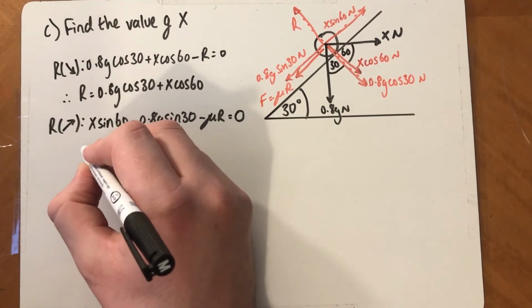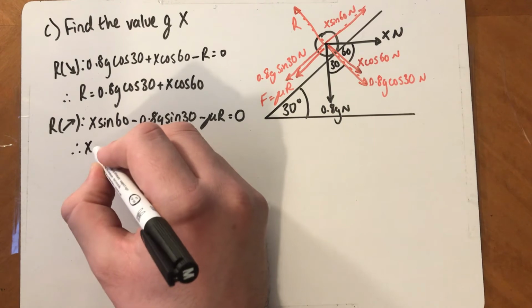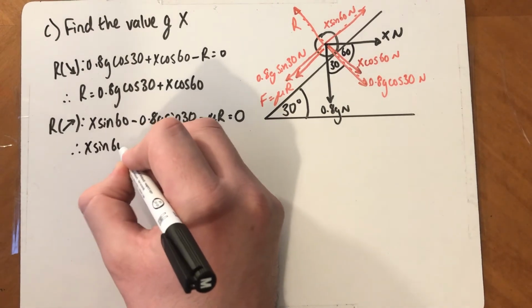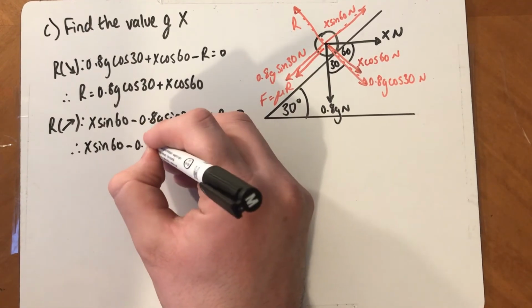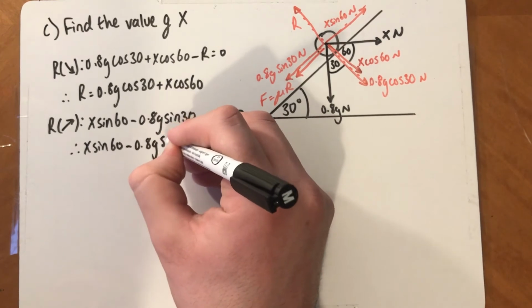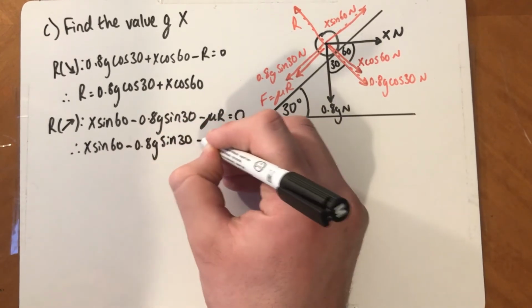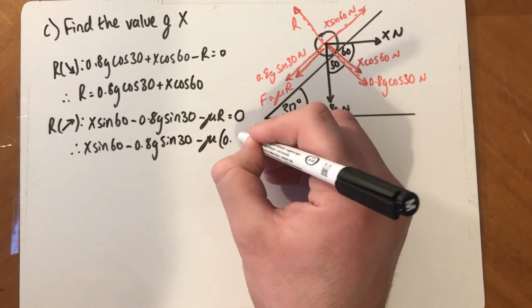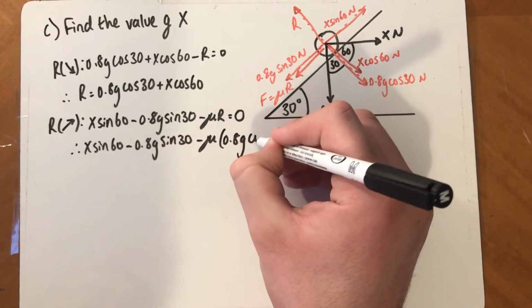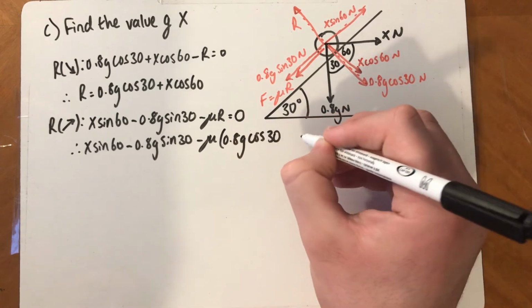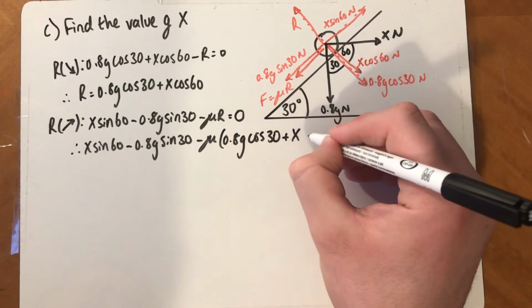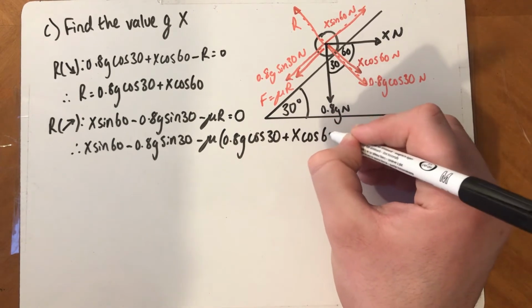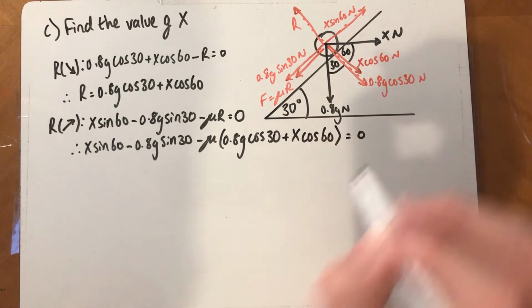Okay, so what I'm going to do now is we can substitute R into this equation. So we have x sine 60 minus 0.8 g sine 30 minus mu times 0.8 g cos 30 plus x cos 60 equals 0, okay?